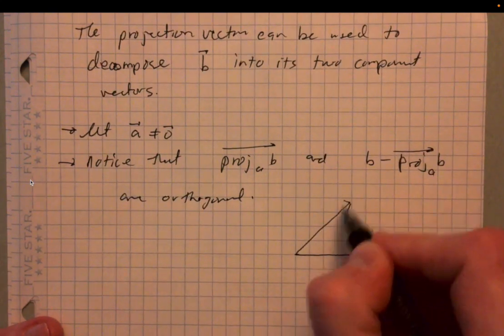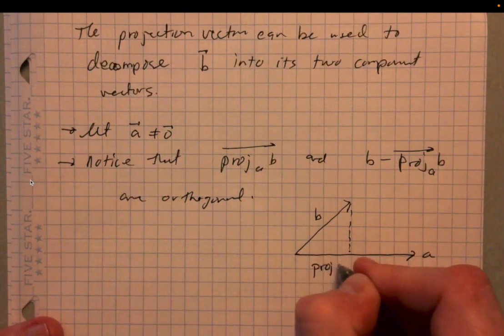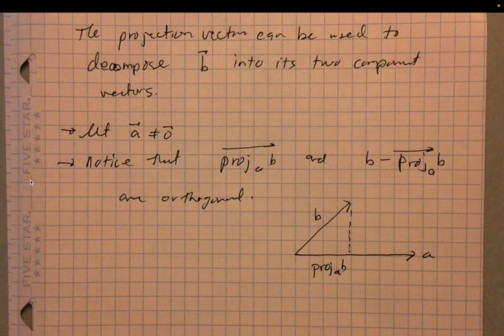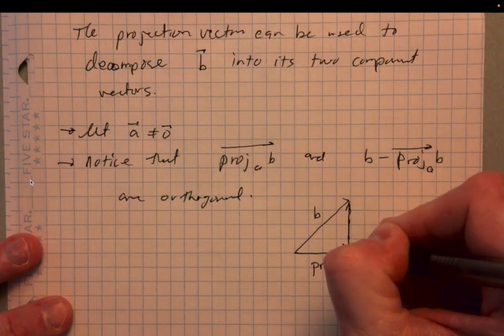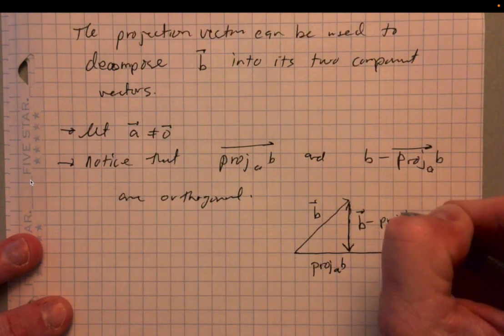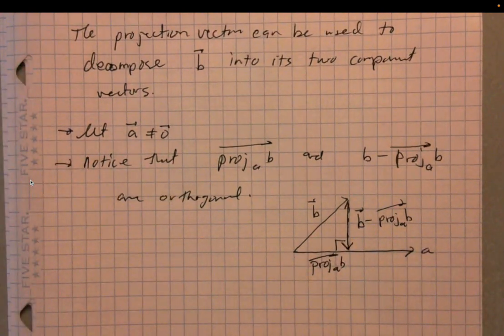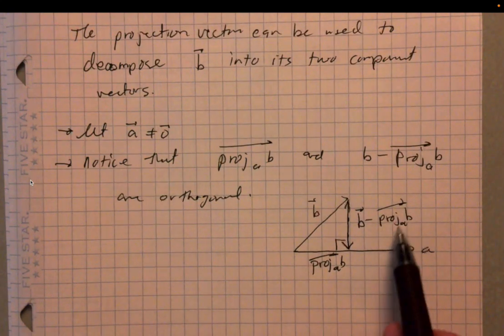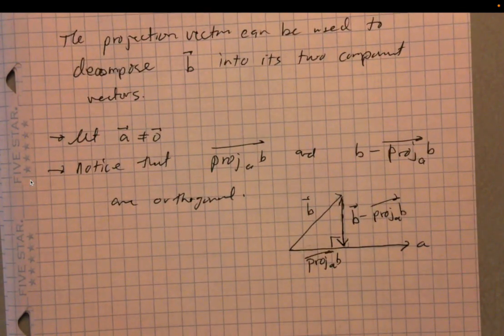Here's my B. So that means this down here is the projection of B onto A. And this here, if you think of a third vector as lying here, this would be B minus the projection of B onto A. Now these are obviously orthogonal, right, by construction? We created B minus the projection of B onto A by dropping a perpendicular to A, so this has been made to be orthogonal. So these are orthogonal to one another.